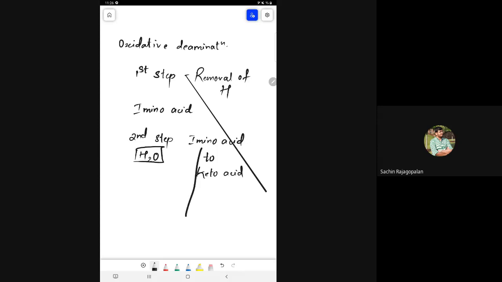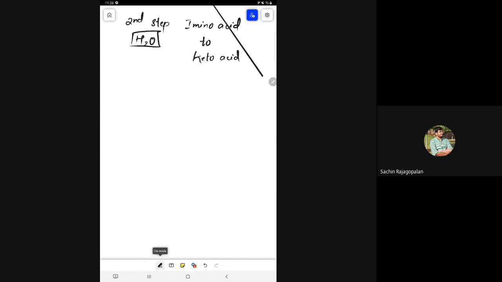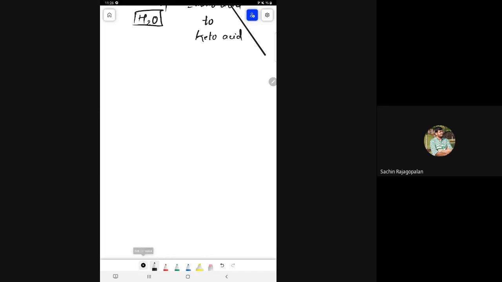And this hydrolysis means it's going to involve a water molecule in this particular step. So let me show you the reaction very quickly. The general reaction of oxidative deamination is like this: if this is my amino acid, in presence of half O2, you are removing two hydrogens in this process.